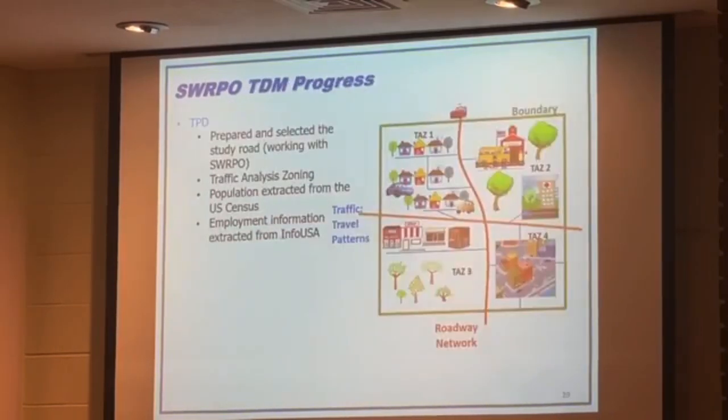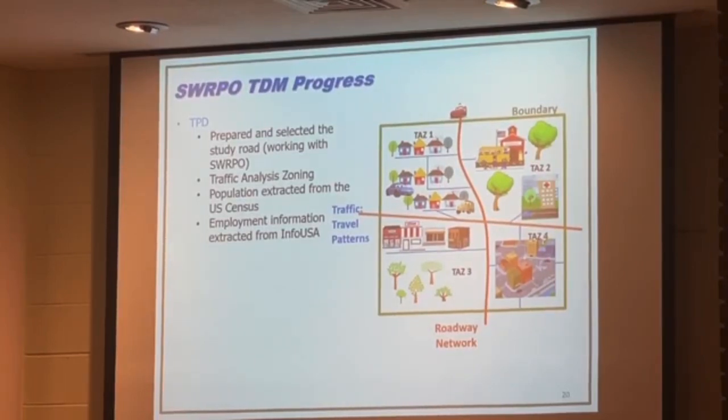So these are the things that we have, and so far we have prepared and selected the study roads, working with the Southwestern RPO and local engineers. We selected our traffic analysis zones, designed actually. And if you look at the traffic analysis zones, you can see number 1, it's all residential. Number 3, I can see it very well from here. One of them is a school, the other one is residential, another one is probably commercial.